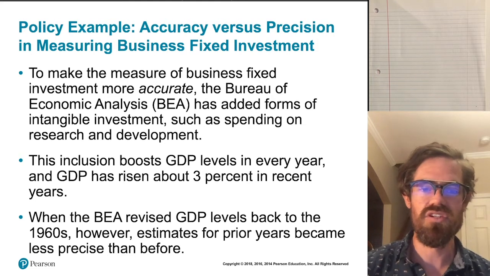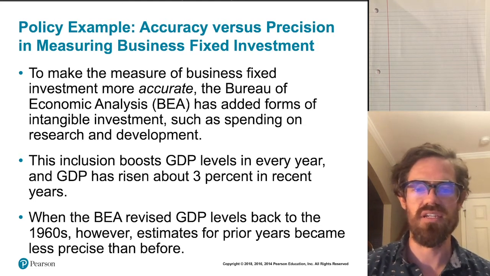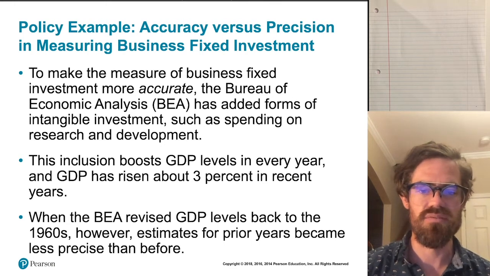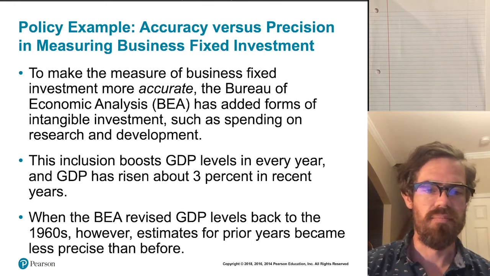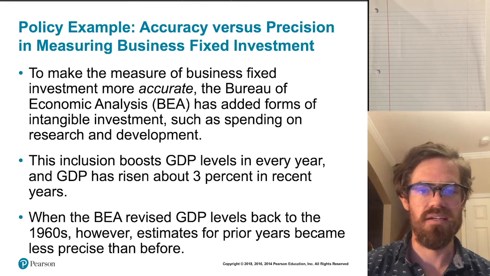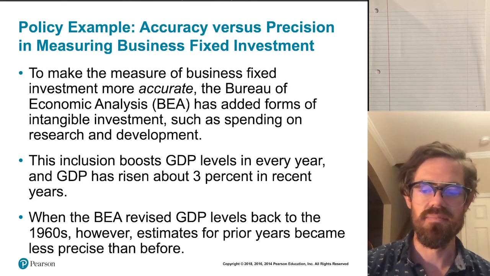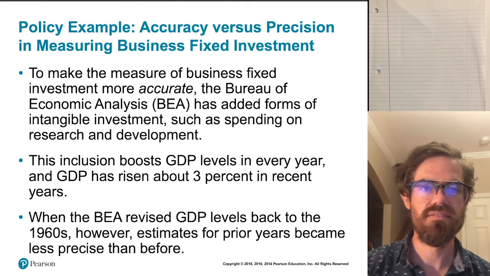And the inclusion of this boosts GDP levels in every year. And GDP has risen about 3% in recent years. So when the Bureau of Economic Analysis revised GDP levels back to the 1960s, however, estimates for prior years became less precise than before. So that's an interesting aspect there.